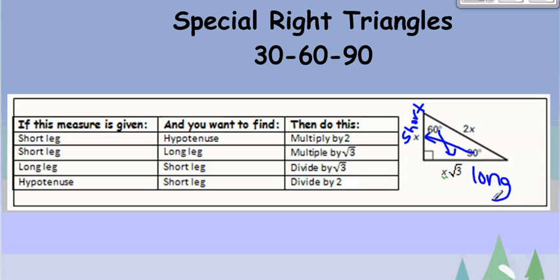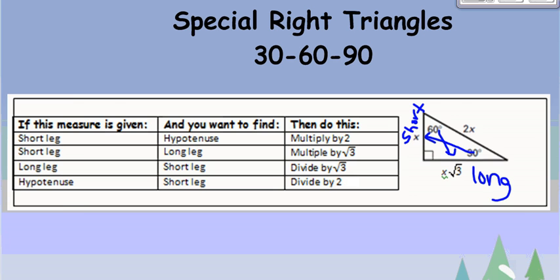Always go back to the short leg if you need to find either the long leg or the hypotenuse. So if you're given the long leg, you're going to always find your short leg by dividing by the square root of 3. And then you'll go back and use the short leg in order to find that other piece that you need. Okay, so if you're given the hypotenuse, you're going to divide by 2 in order to get that short leg.